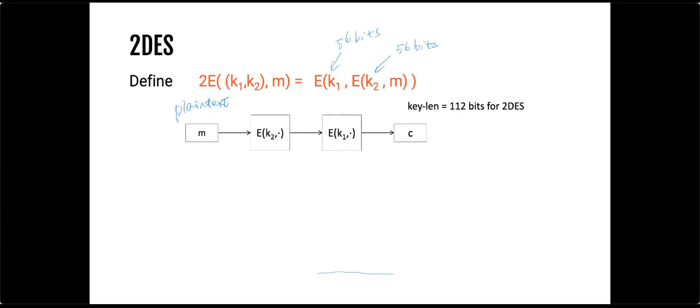So if we have a scheme like this, an embedded DES, I want to ask you: is this secure? And if not, why? Can you come up with an attack that will crack 2DES?